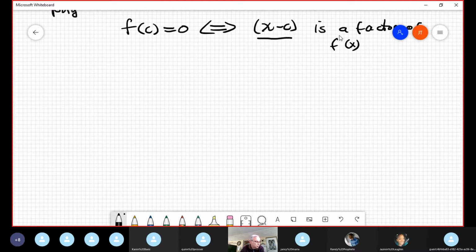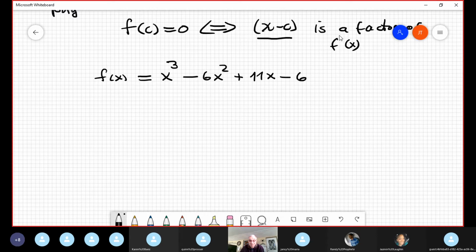Suppose this example: polynomial f of x is equal to x cubed minus 6x squared plus 11x minus 6. I have no idea, I am guessing what number to plug in here.